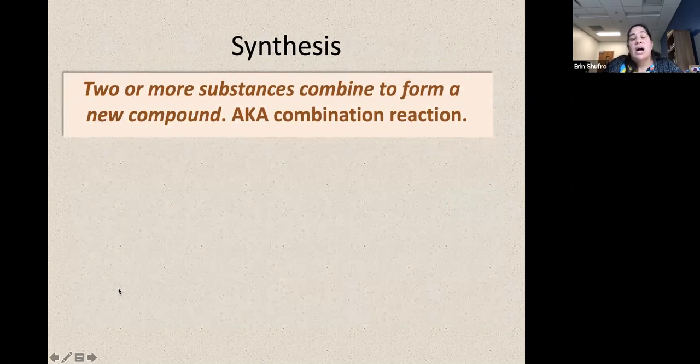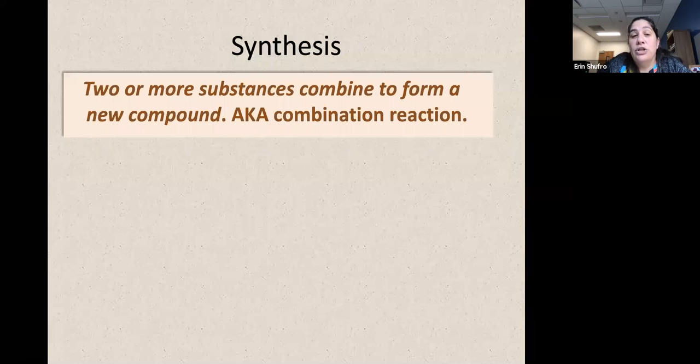A synthesis reaction is when 2 or more substances combine to make a new compound, also known as the combination reaction, because you're combining 2 things.